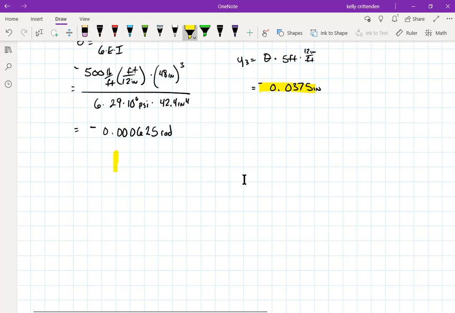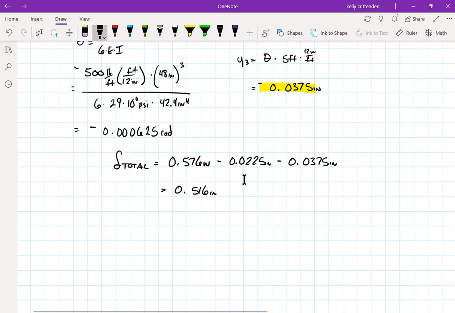So delta total equals 0.576 inches minus 0.0225 inches minus 0.0375 inches, which is 0.516 inches. And those numbers seem reasonable.